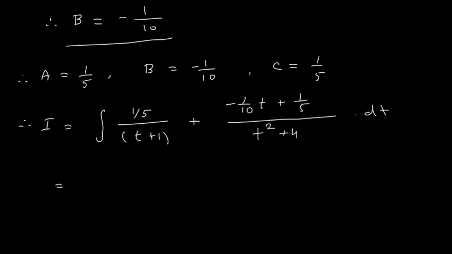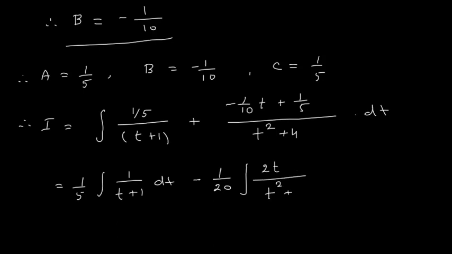So again I will write 1 upon 5 integration of 1 upon t plus 1 dt. Then here it is minus 1 upon 5, so I will write minus 1 upon 20 integration of 2t upon t square plus 4 dt. And last we have 1 upon 5 integration of 1 upon t square plus 4 dt.